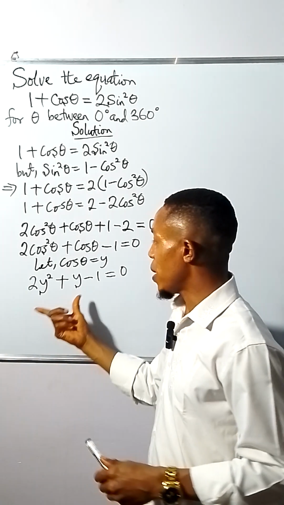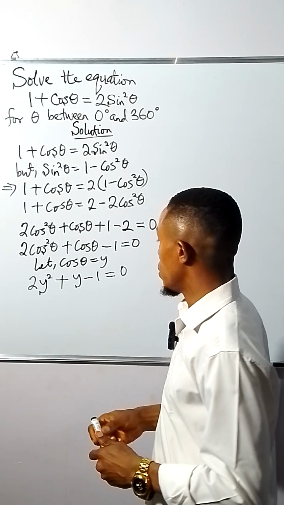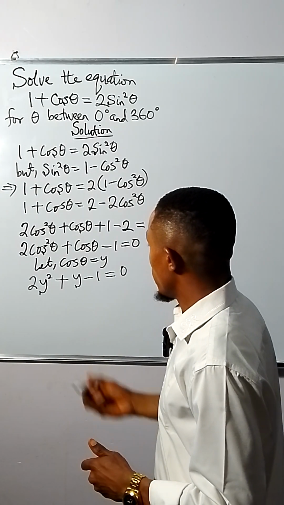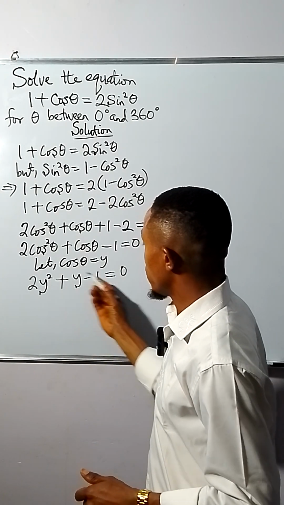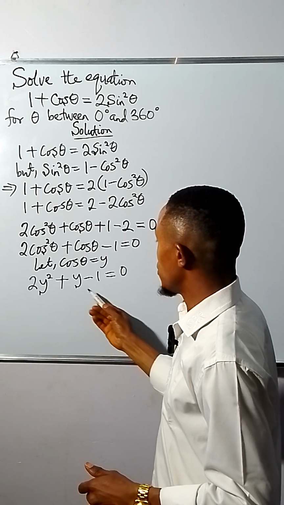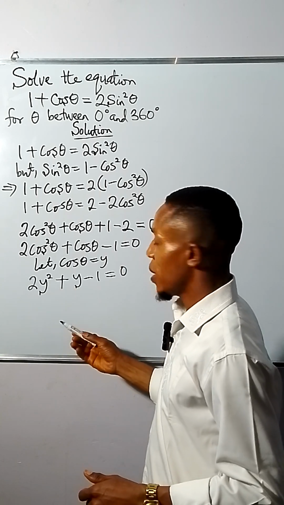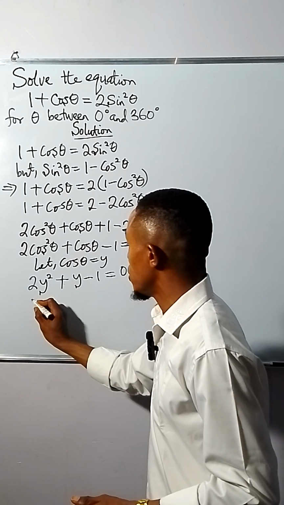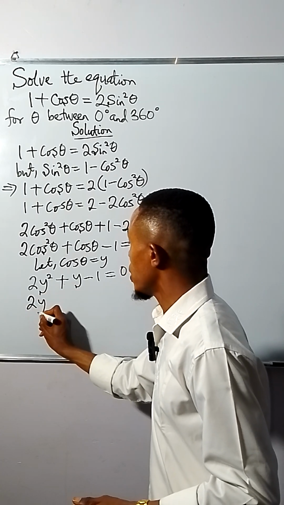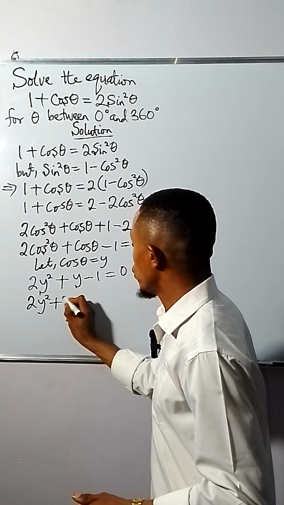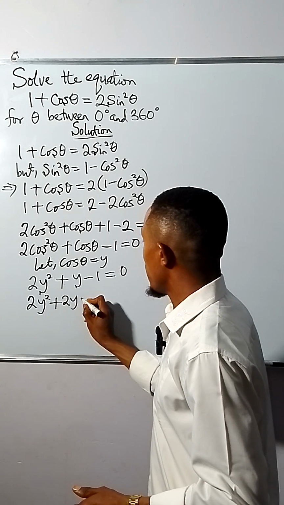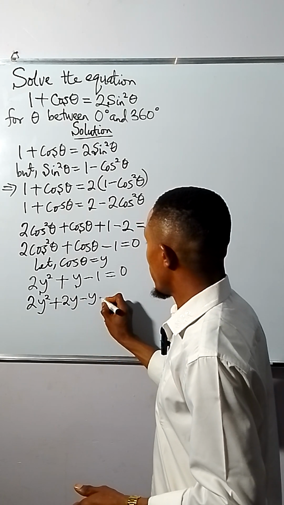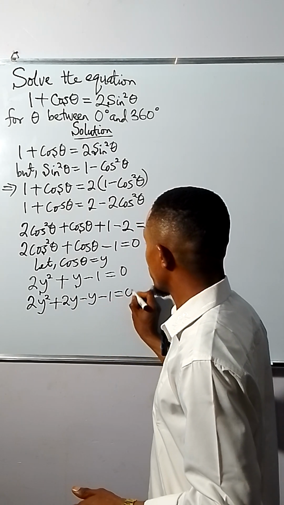I will solve this by factorization. It's a quadratic equation. So I find two numbers that when they multiply give me minus 2y squared, and when they add give me plus y. Substituting, I have 2y squared plus 2y minus y minus 1 equal to 0.